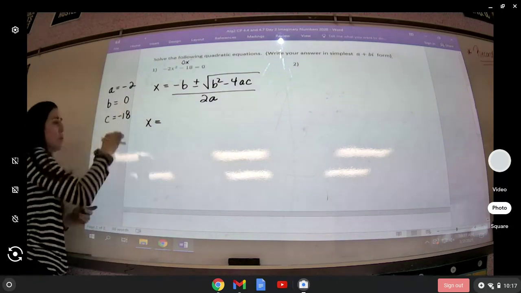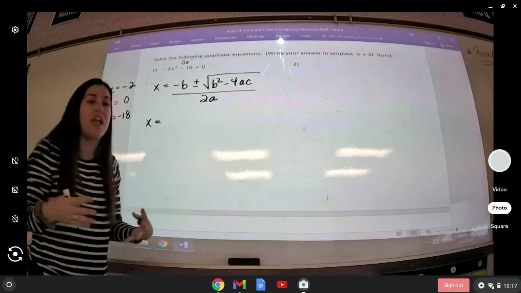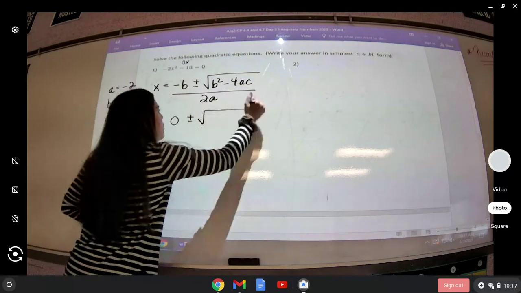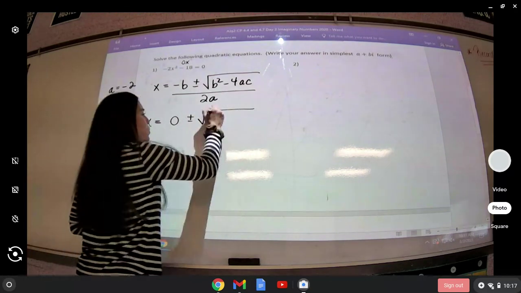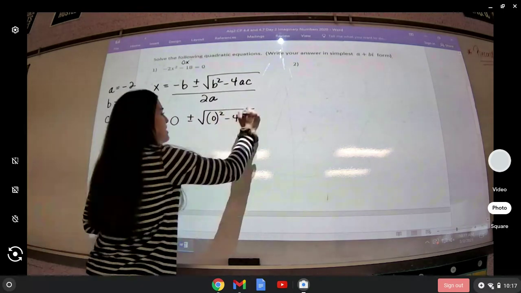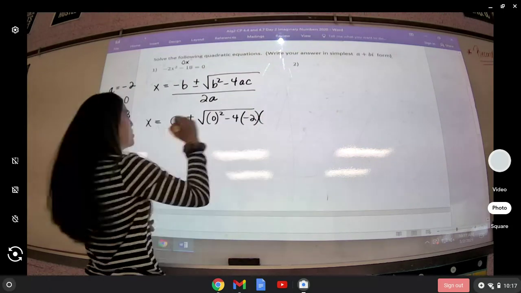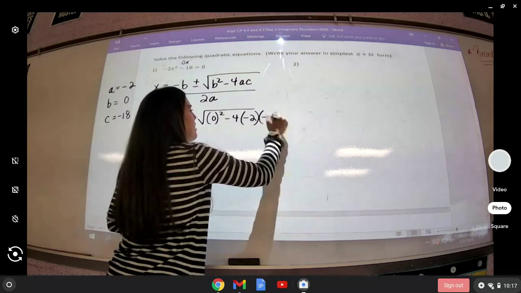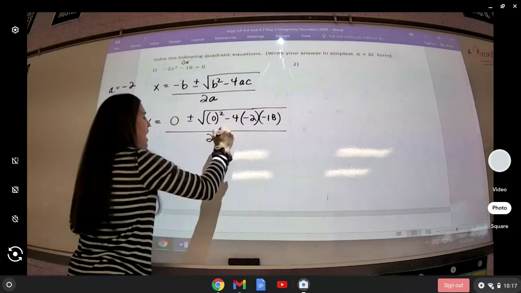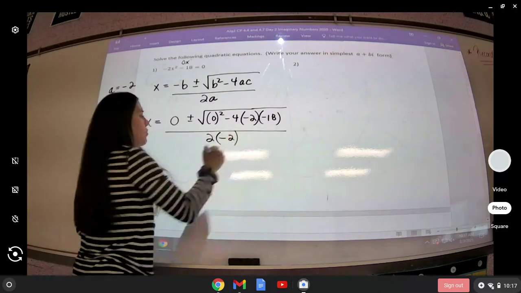Well, guys, b is 0, so there's no such thing as positive or negative 0. So that's just 0, plus or minus the square root of, plug in 0 and square it for b, subtract 4 times a, which is -2, times c, which is -18. All right, and then it's all going to get divided by 2 times a, which is 2 times -2.